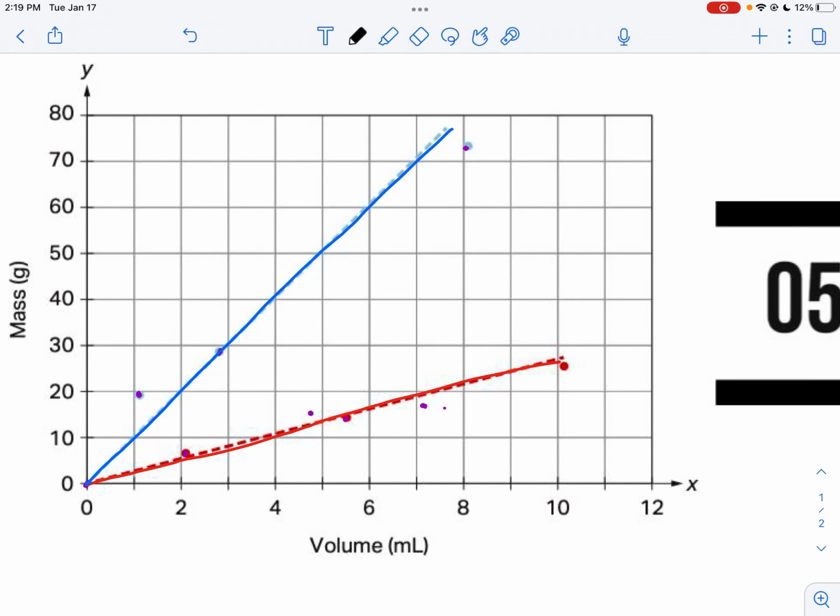Okay, so what we're gonna do now is calculate the slope of each line. So if you think back to algebra, remember our slope, we can find that by rise over run. Okay, so I'm just gonna pick 2 points on my graph. I think it's easiest if I start at 0, 0, because I know that's 0.